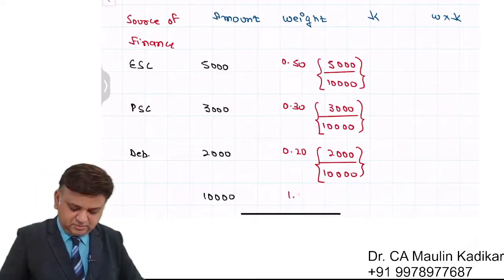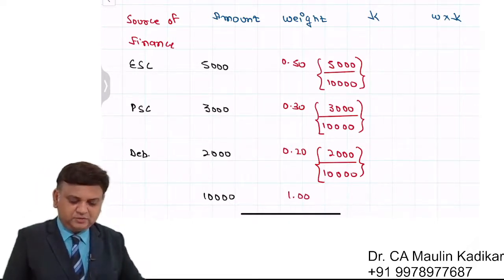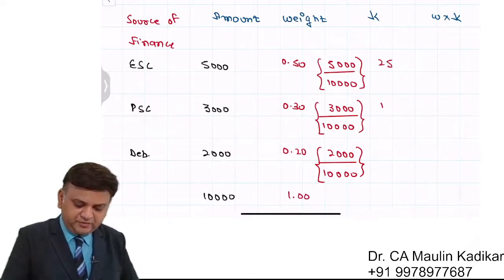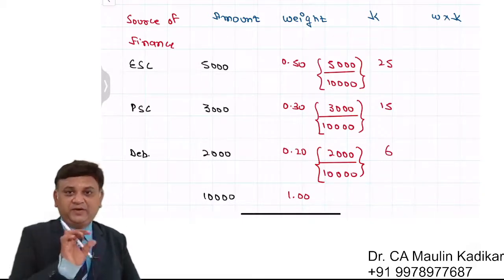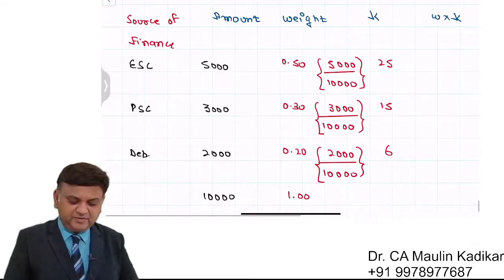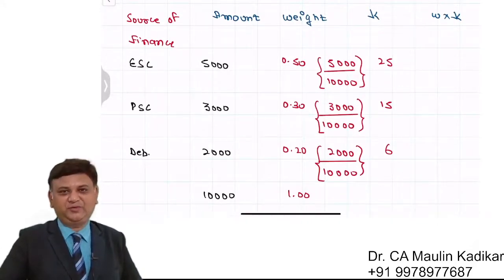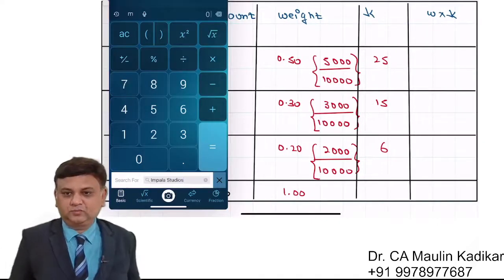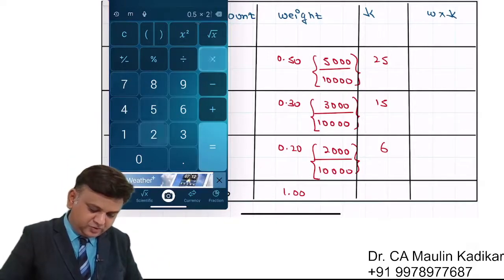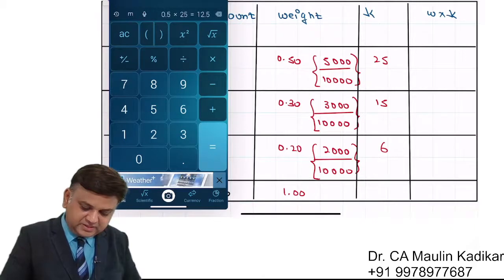For the cost, for equity the cost is given to us ready-made, 25. For preference share it is 15, and for debenture it is 6. So what we will do, weight into cost, weight into cost. That is the way we'll have the weighted average cost of capital or overall cost of capital found. So we'll have weight into cost, 0.50 into 25, that is 12.5.